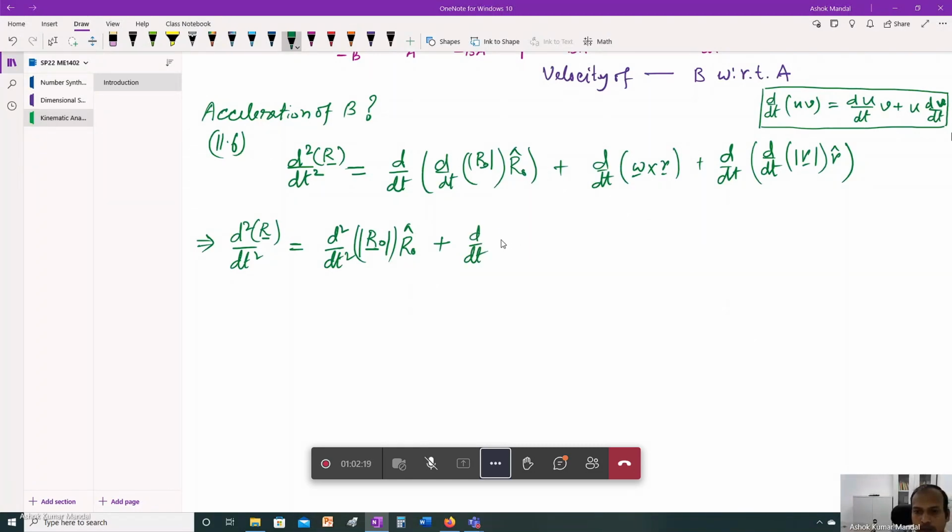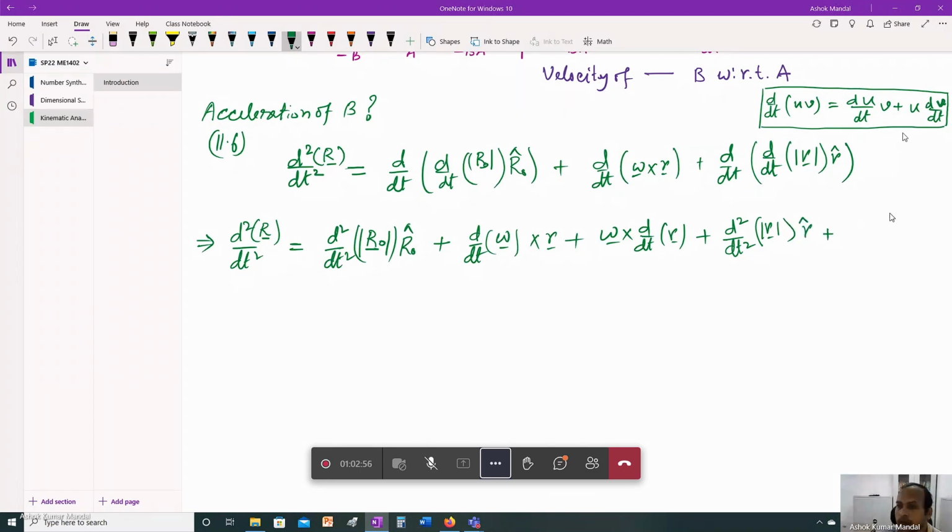So you write here: this cross R plus omega cross d dt of R plus, now for this case, again we apply the product rule, d2 of this magnitude, and it is in the R direction.